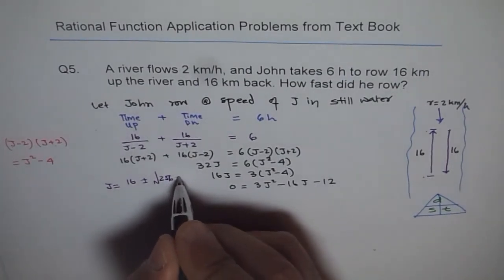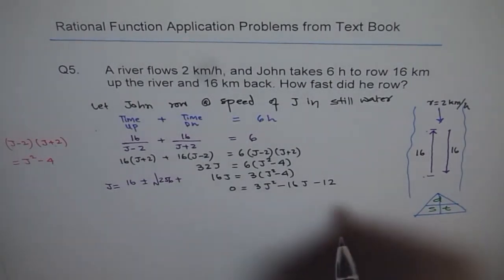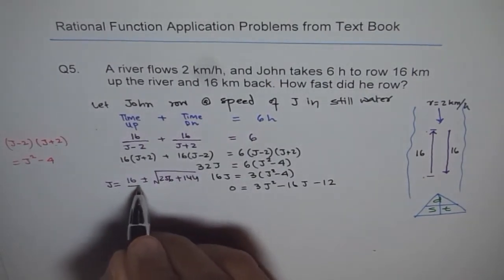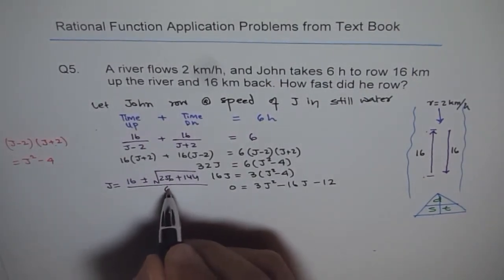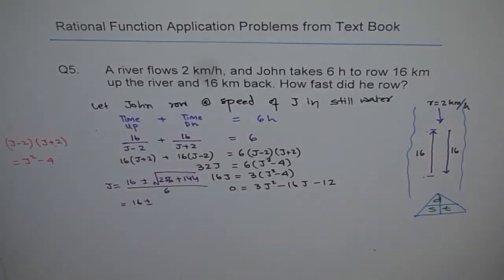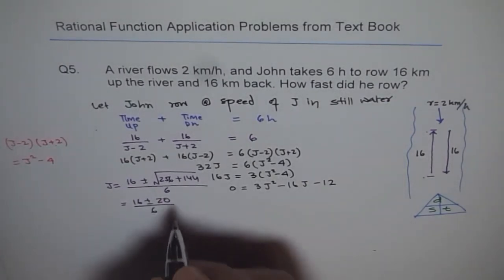So it becomes plus, 4 times 3 is 12, and 12 times 12 is 144. All divided by 2 times a, which is 6. So we get 16 plus or minus the square root of 256 plus 144, which gives me 400, and the square root of 400 gives me 20. So I got 20 here divided by 6.